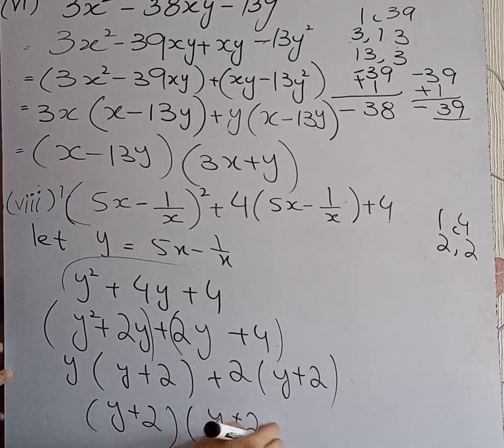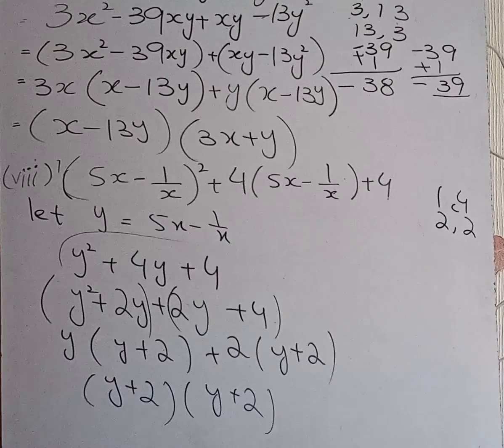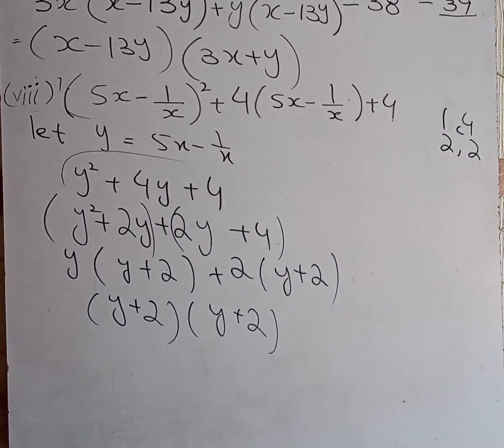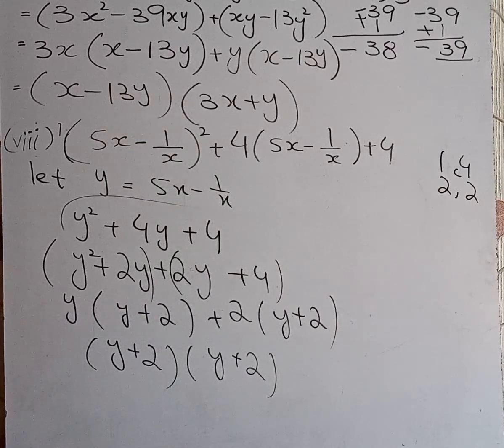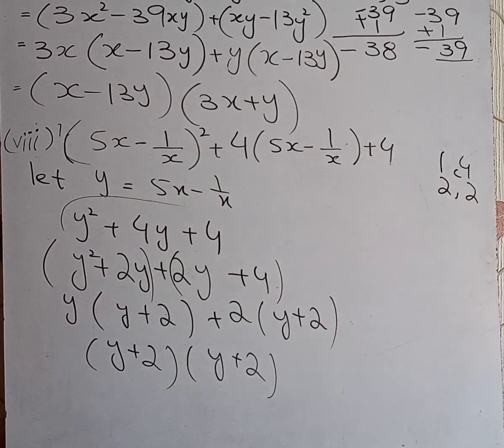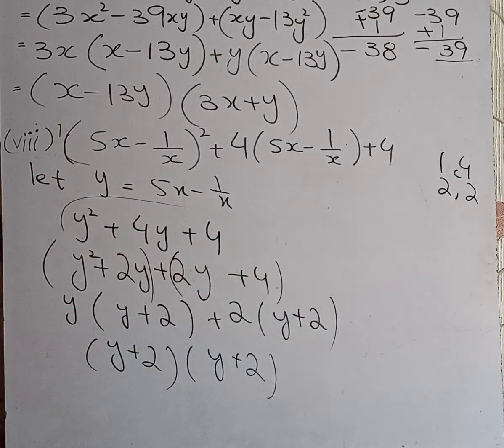So in the start, you put y equals 5x minus 1 over x. So again, what you will do over here now, you will just put 5x minus 1 over x in place of y. Because the question is in the form of x, the variable is x, the answer should also be in the form of x.